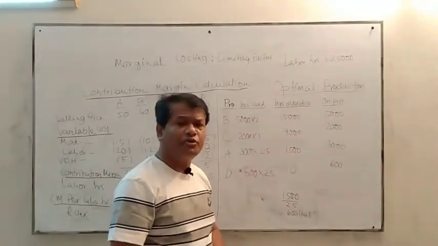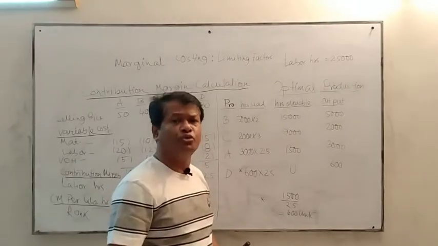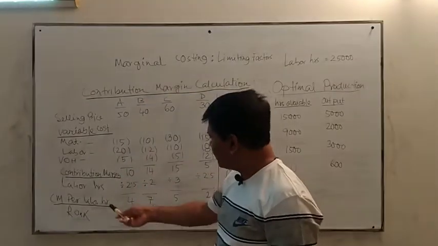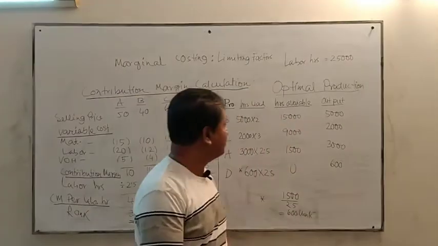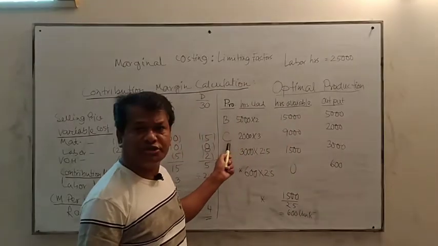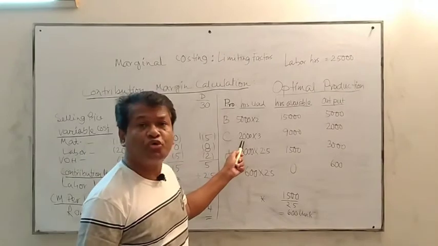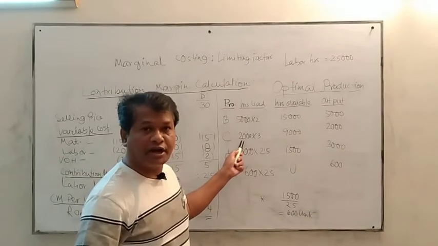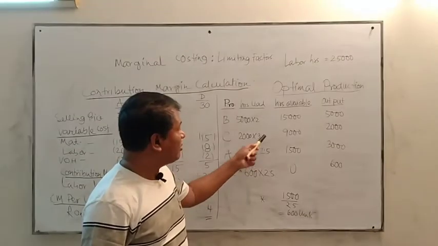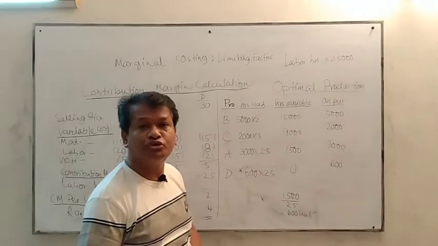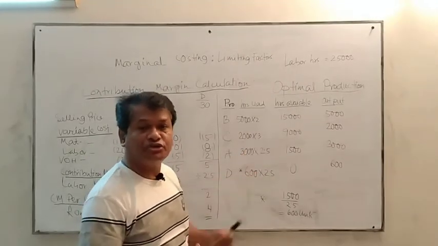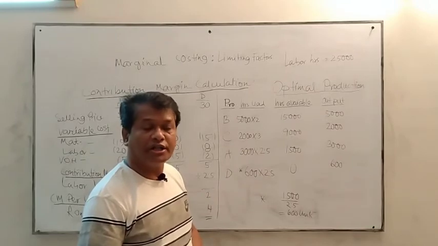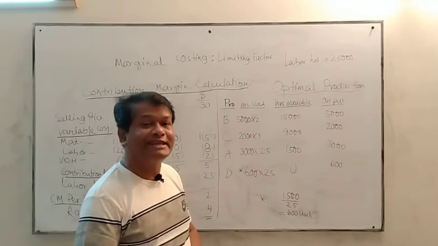Second, you have to get the ranking number 2. Here it is, ranking number 2 is product C. That is written after B. So this figure is 2,000, as the market demand is 2,000. How much labor hour is to be used to produce 2,000? It is multiplied by 3, because 1 unit of product C requires 3 hours.